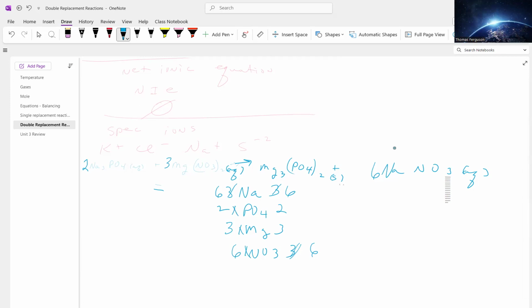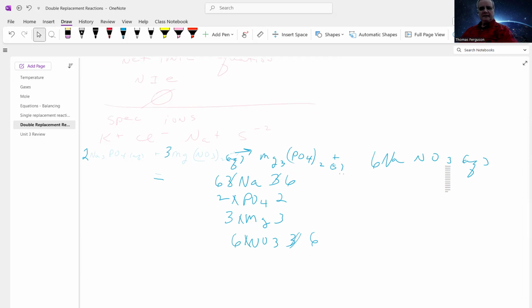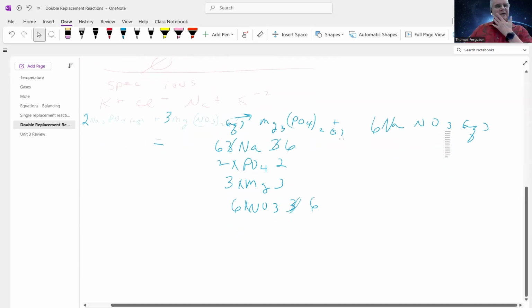Okay, so now what about the net ionic equation? Did anything happen? Yes, it did. We formed a solid with the magnesium phosphate. And what are the 2 ions that made up magnesium phosphate?